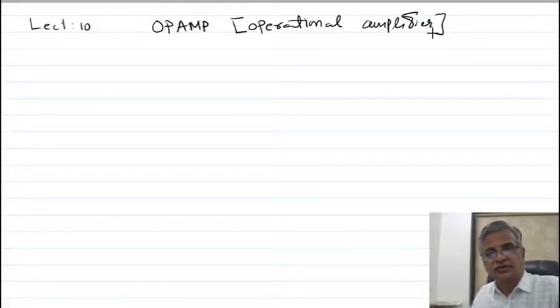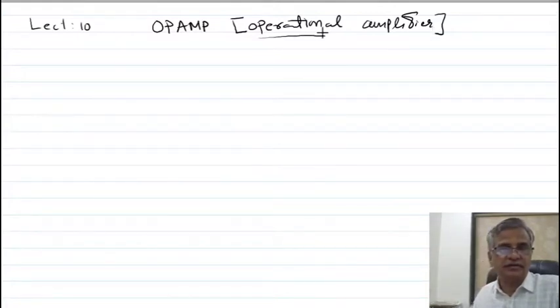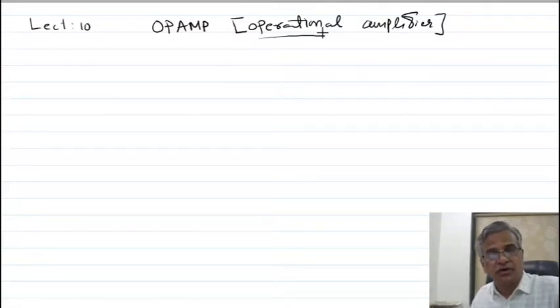So the name is given operational amplifier. The op-amp can be used for linear functions, and also for some non-linear operations. But mostly it is used for linear functions, so it is known as an analog linear IC.